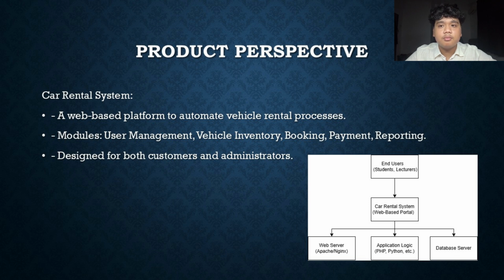This includes user management for handling customer and admin accounts, vehicle inventory to manage available cars, booking system for reservations, reporting and analytics to track performance and usage. This platform is designed to be scalable, ensuring it can handle growing demand while maintaining a seamless experience.